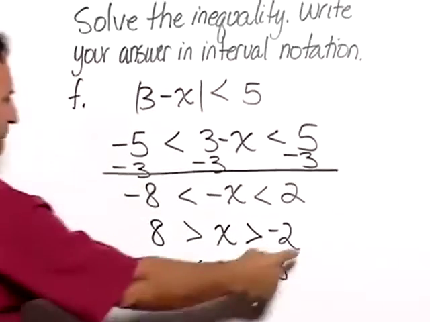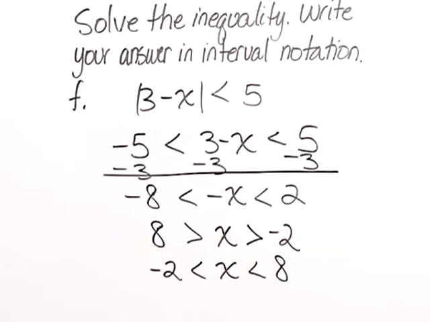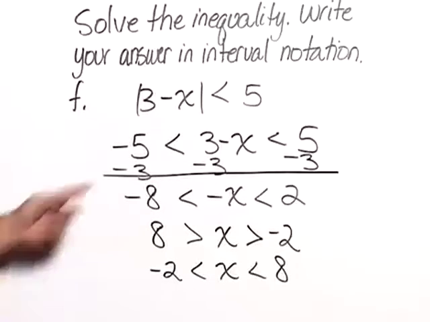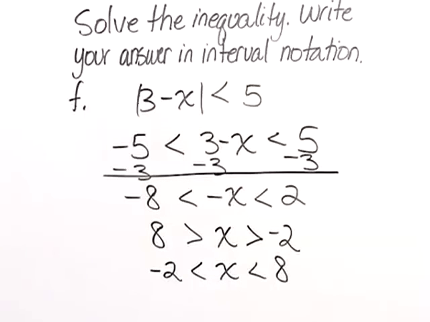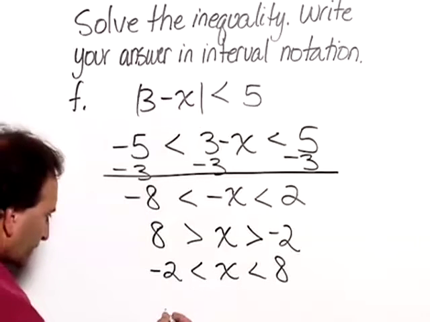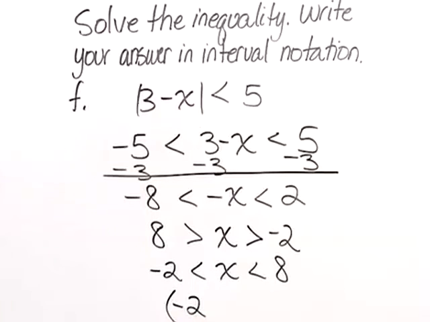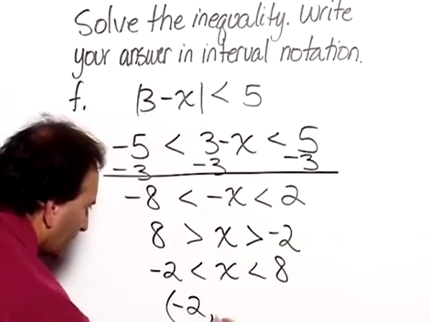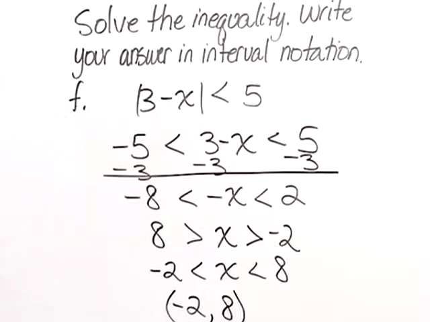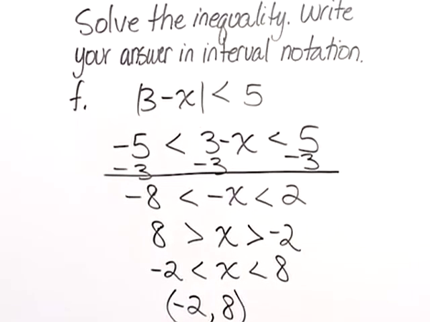So you're really just reading this one from right to left. We're supposed to put our answer in interval notation, and so the interval for this particular inequality starts but does not include negative 2 and goes up to but does not include 8. So the interval notation is negative 2, 8, not including either endpoint.